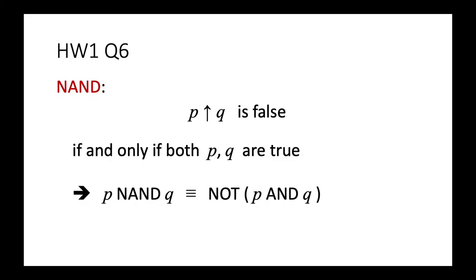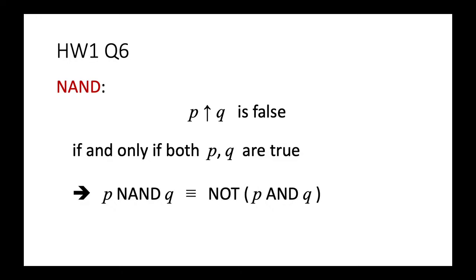So that means that it is going to be true if either P or Q or both are false. Is that okay? You can see that this is kind of like the opposite of AND. For AND, it is true when P and Q are both true, and here, P NAND Q is false whenever P and Q are both true.